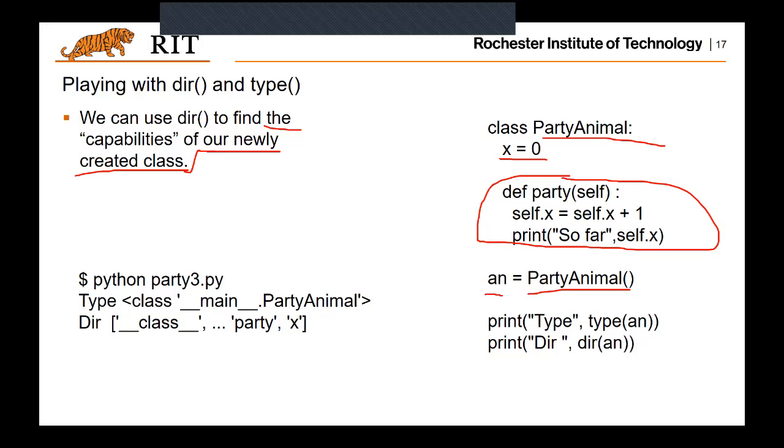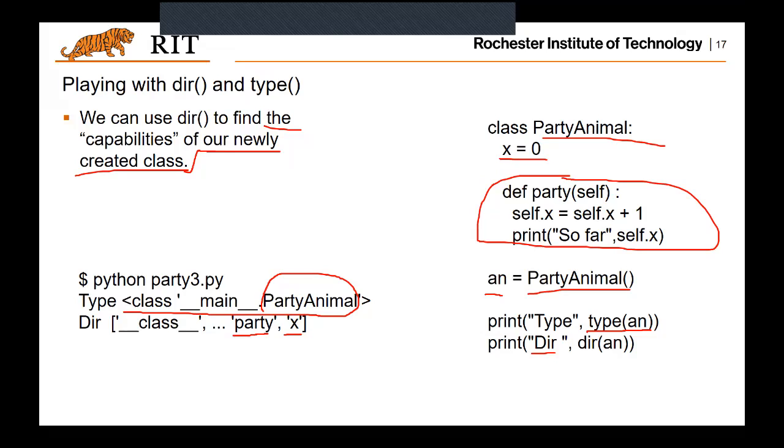If you use type to see the type of this instance, it will return the class name you defined. Also, if you use the dir function, it will return this function, the method, and also this data variable.